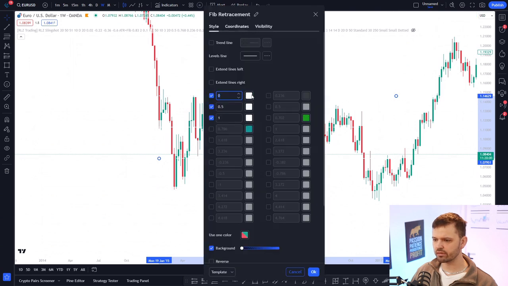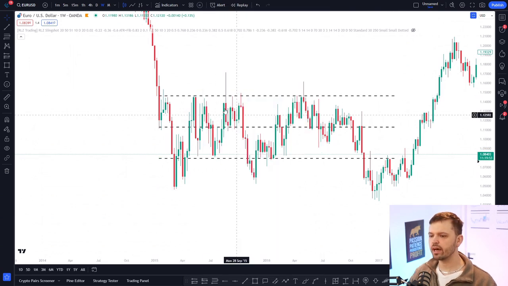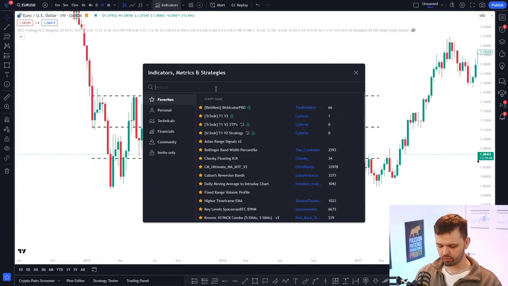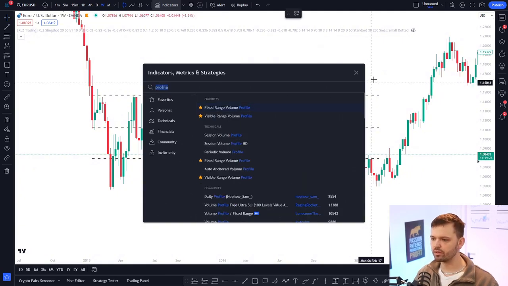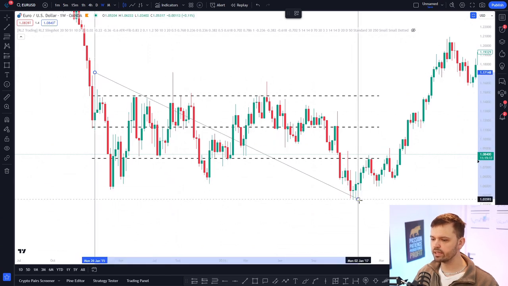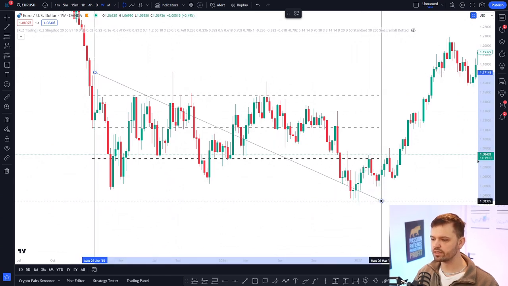Let's change the color here again so it's black, so you can actually see what we're doing. Here you have somewhat of a range, right? Now, we have something in TradingView called a volume profile, the fixed range volume profile. So I can select that one, and then I'm going to select the very high of that wick here, and then the overall very low of this range right here.